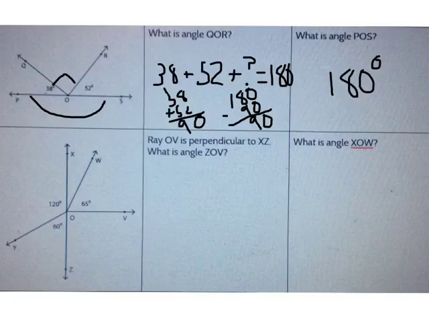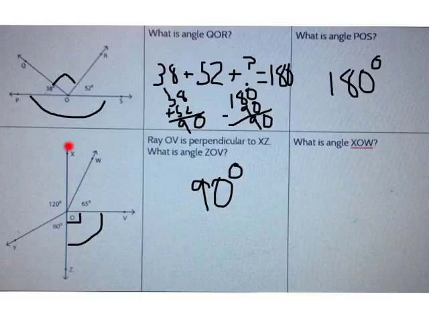Let's look at the next example. Ray OV is perpendicular to XZ. So what is angle ZOV if OV is perpendicular to XZ? It's 90 degrees. Perpendicular means they meet at a right angle. Now I can use that to solve for angle XOW.